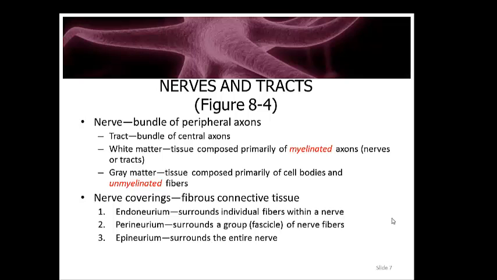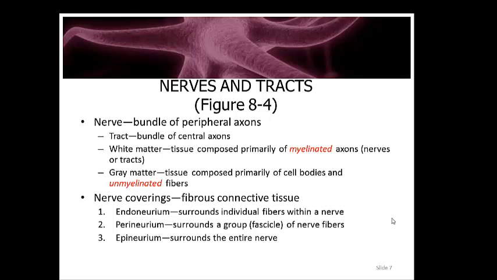Remember the previous picture that I showed, the purple covering over the axon? That was the myelin. If there is no myelin, we then have gray matter. Gray matter is tissue that's composed primarily of cell bodies and unmyelinated fibers.